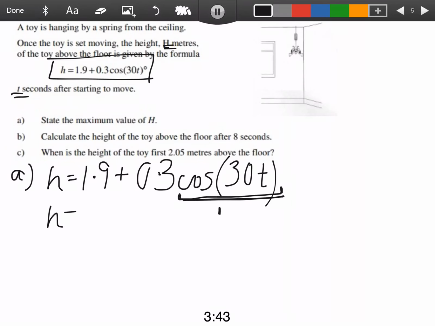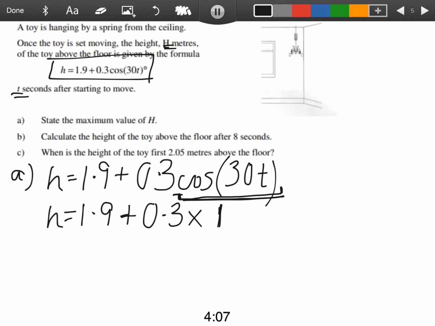So the maximum value that this height can ever be is 1.9 plus 0.3. Think of what that 0.3 is doing to this cos 30t. It says 0.3 cos, it doesn't say 0.3 add cos, the 0.3 is stuck to the cos. So what the 0.3 is actually doing is multiplying by cos. The maximum value cos can ever be is the number 1.